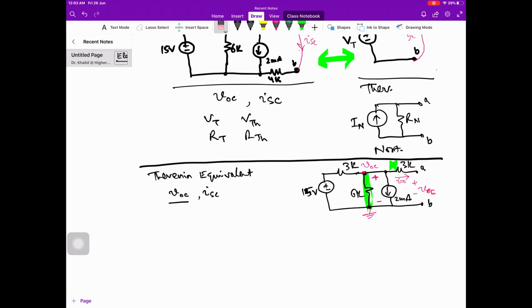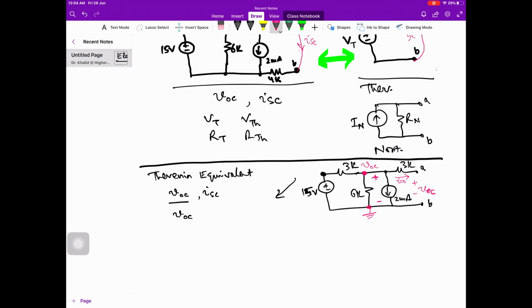So I will use this label V open circuit directly. And now I write the node equation. Voltage at this node is known due to this voltage source. This is V open circuit.